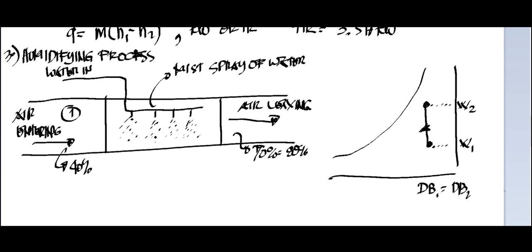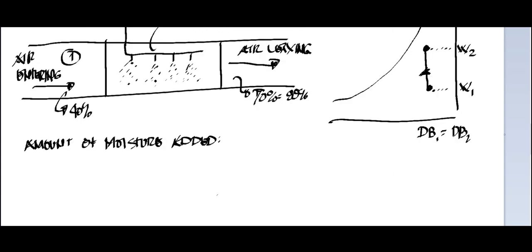Then we can compute the amount of moisture added, so that will be equal to the mass of the vapor, that will be mass flow rate of air times the humidity 2 minus humidity 1.